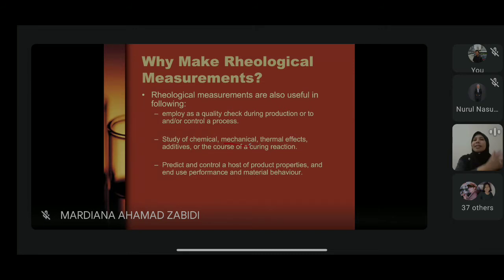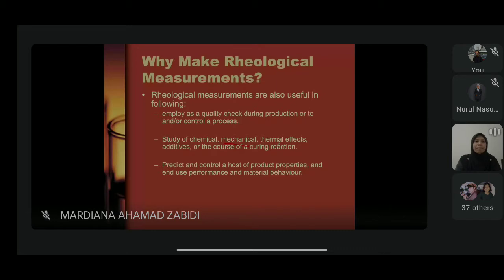So that's why when we are dealing with products in industry, we need to have our set of specification, a range of standard and specification in order for us to know how to produce a consistent product from batch to batch. Okay.